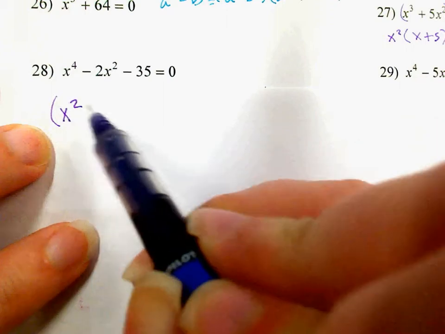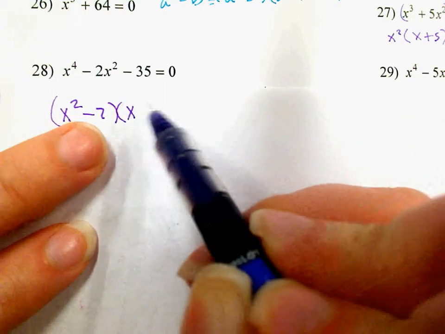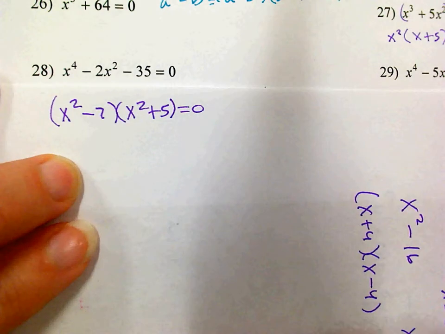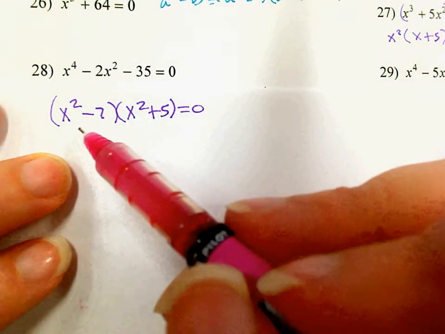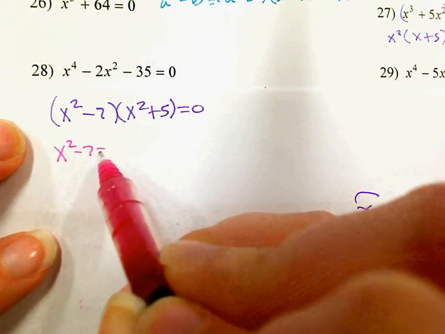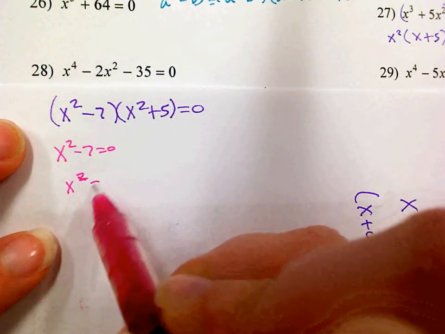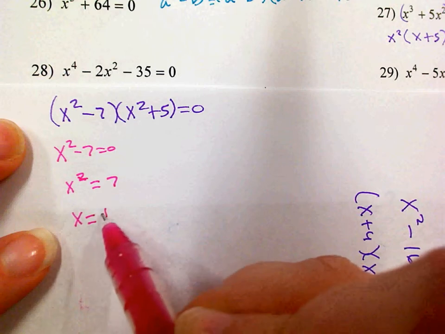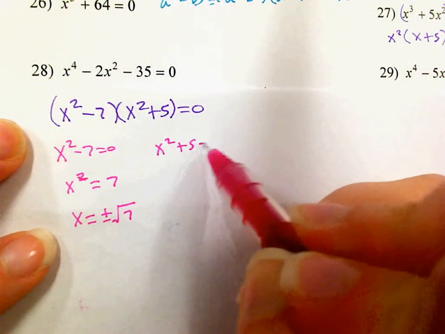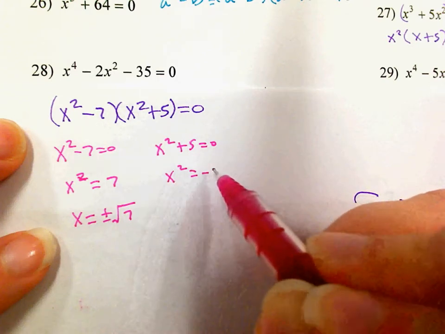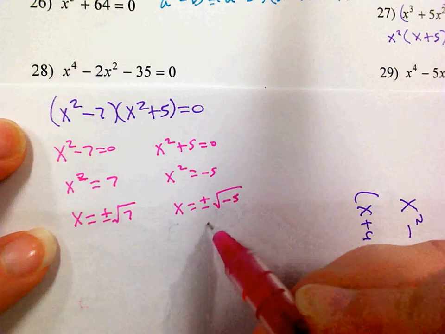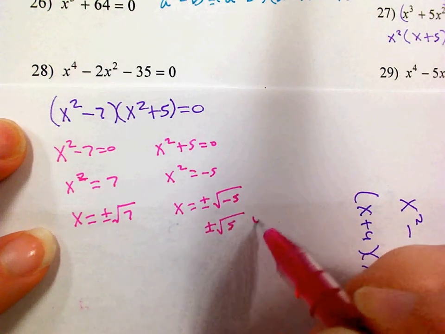This, x plus the square root of 7, x minus the square root of 7, or x squared minus 7 equals 0, when x squared equals 7, so x equals plus or minus the square root of 7. When does x squared plus 5 equal 0? When x squared equals negative 5, or when x equals plus or minus the square root of negative 5, or plus or minus the square root of 5, i. 4 answers. There we go. Which corresponds to the power 4.